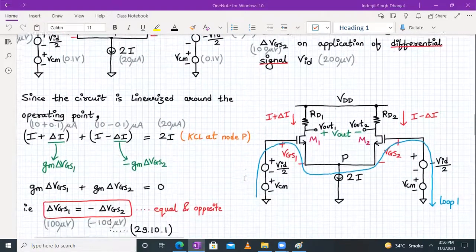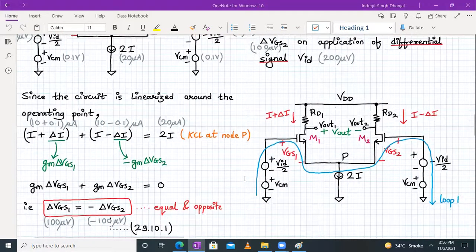Now, since the circuit is linearized around the operating point, we can write the following equation. If you apply KCL at this node, I plus delta I plus I minus delta I is equal to 2I.